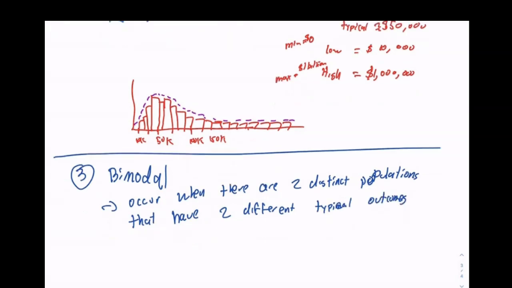Now, when we talk about this, we're saying outcomes for the variable. It has to be for the variable, okay?